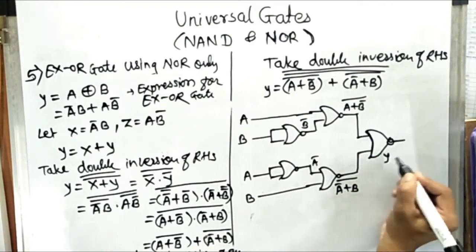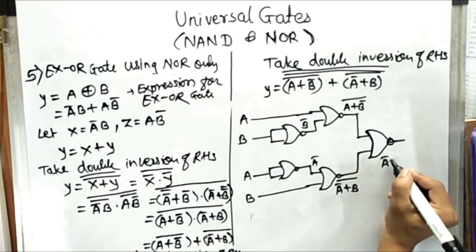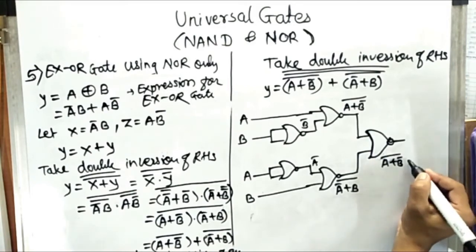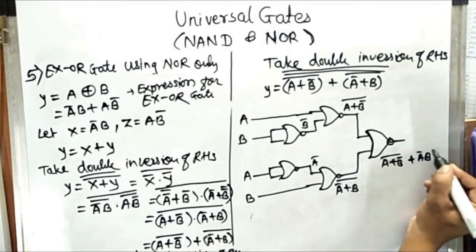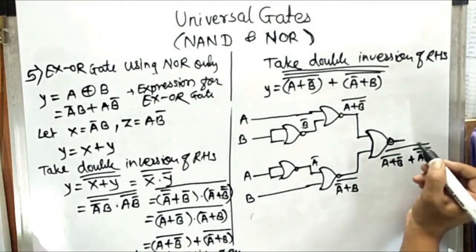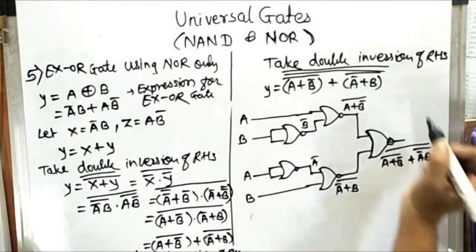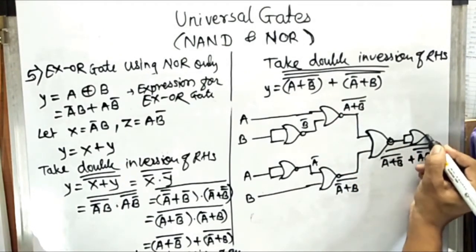So here we get the terms A plus B bar plus A bar plus B complement and this complement. So to get this outer complement, we have to use one NOT gate at the output.